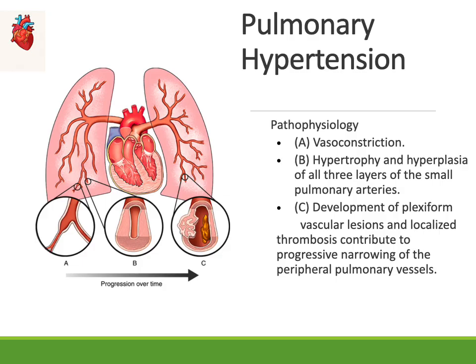Pulmonary hypertension can lead to a progressive and ultimately fatal disease, and there are several contributing factors, such as elevation in the pulmonary pressures that occurs from heart failure, which can ultimately lead to death.